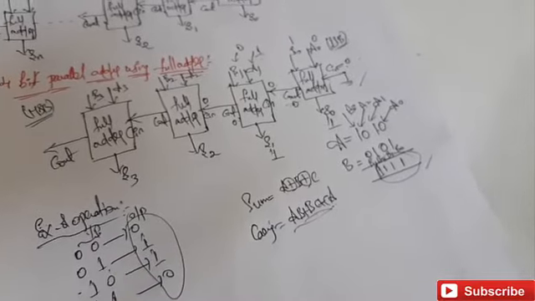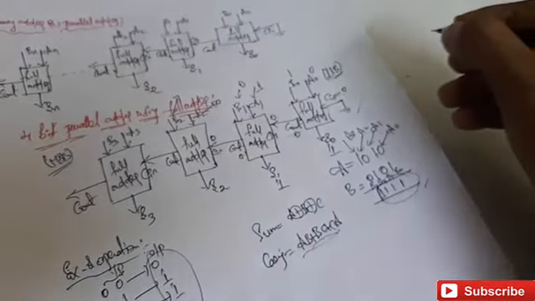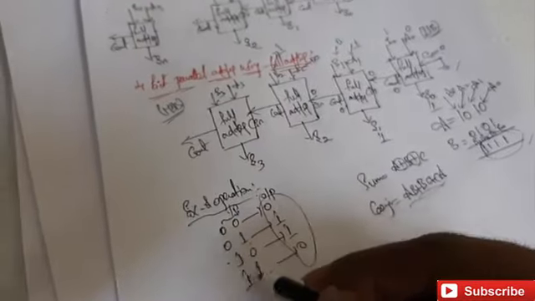Hence A2 will become 0 and B2 will become 1. Here also 1 XOR 0 means you will get 1.